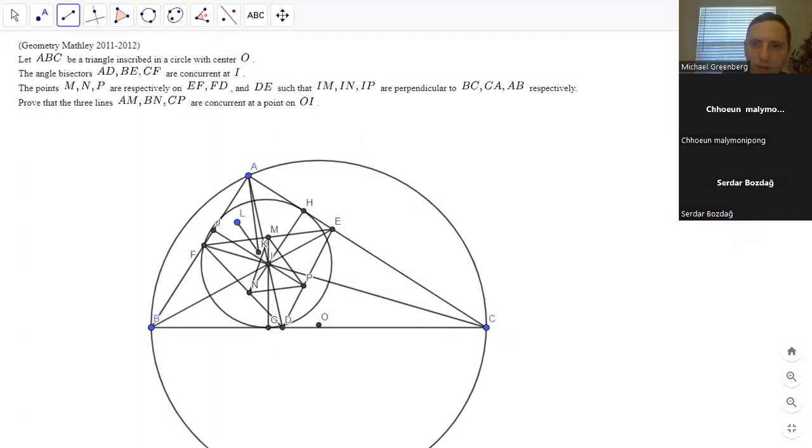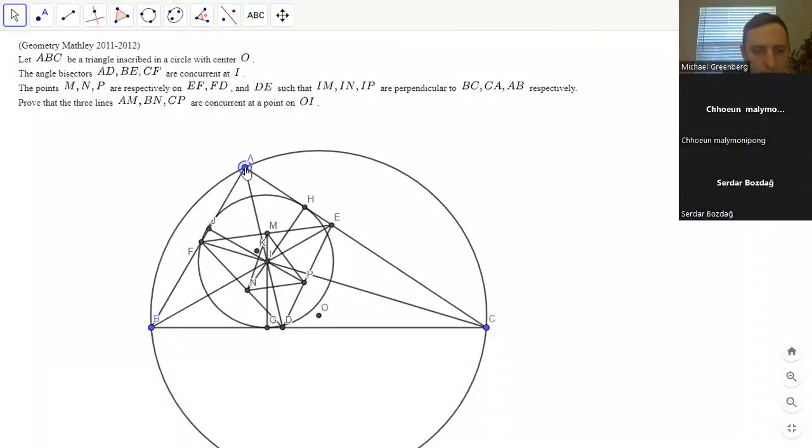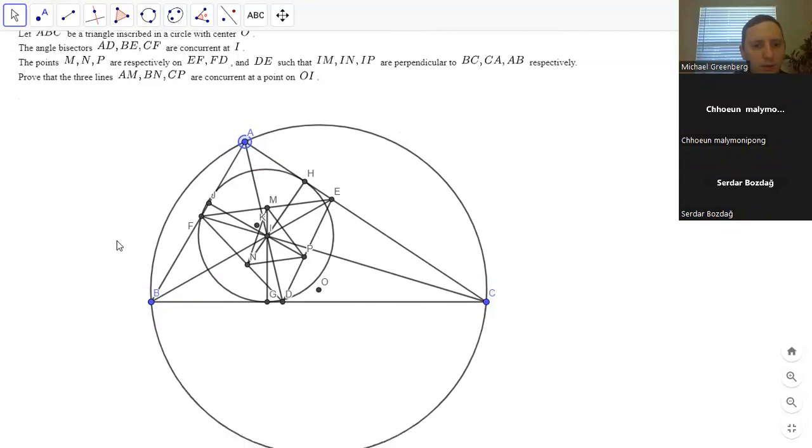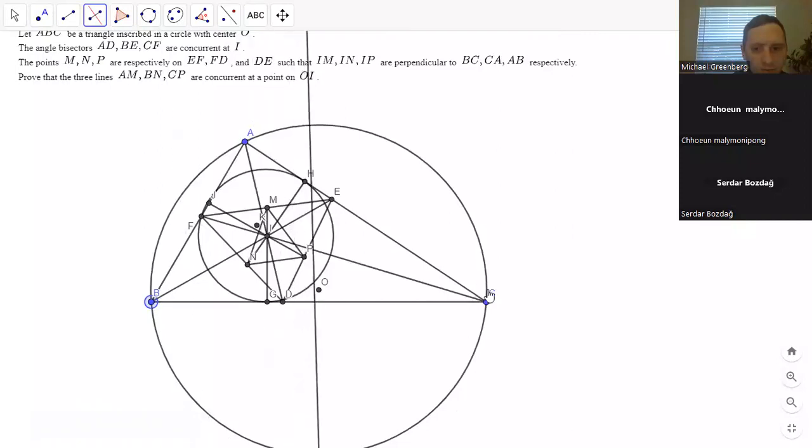Or, yeah, I'll just leave K. So yeah, it's been a while since I've used orthologic triangles. Can you check if AK passes through a mixtilinear tangent point? Yes. So I can do that this way. Actually, never mind.